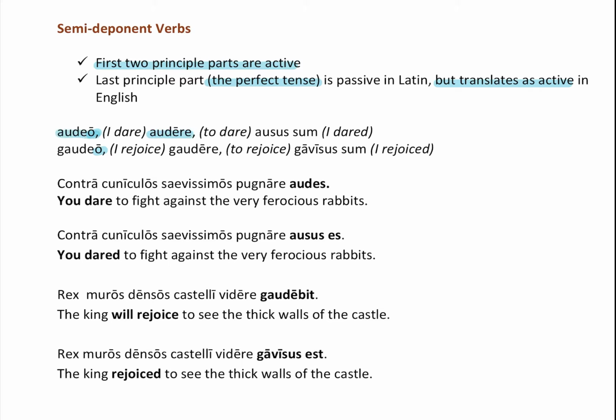Audere means to dare, and that is the regular infinitive. Here's the one that's the deponent part: ausus sum. So it has a perfect tense translation, right? It looks like a participle, but it's not. Or it looks like a different kind of verb, but it's actually the perfect.